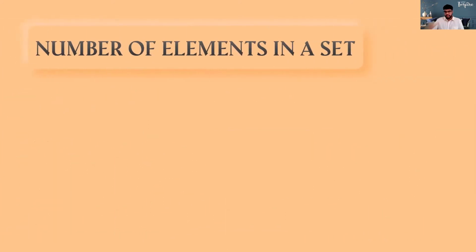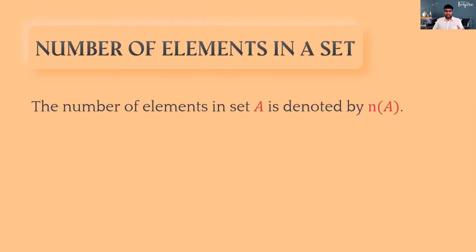Then children, the number of elements in a set. Now this is important, right? This is common in questions, right? The number of elements in set A is denoted by n and then A in brackets. So remember this notation, children. When they say n and the name of the set in brackets, that means what is the number of elements in set A, right?